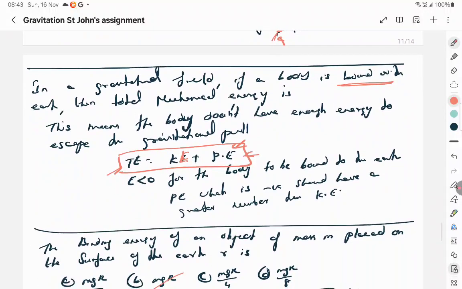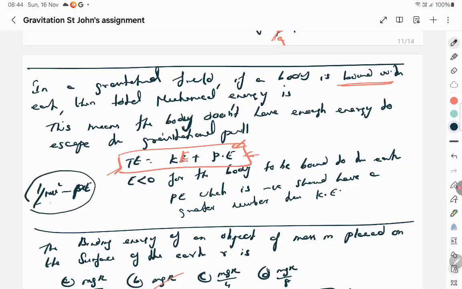in a gravitational field of a body, if a body is bound to the earth, then there is no escape velocity. It can never escape into the outside world, which means however much kinetic energy I give, the potential energy has a bigger value.